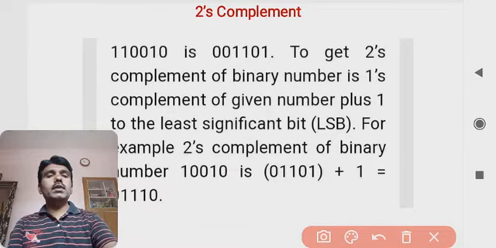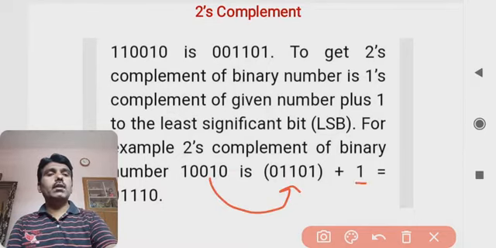Once you have done this one's complement, you just have to add 1 to it. 1 plus 1 is 10, carry is 1, and 0 plus 1 is 1, and so on: 1 1 1 0.